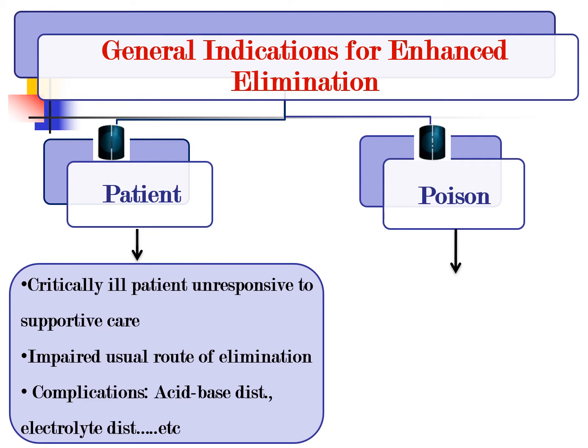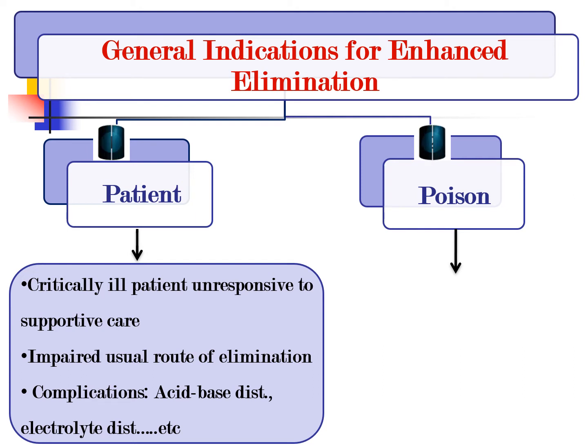For example, if a patient took a drug or a toxin that is eliminated through the kidney and this patient suffers from renal failure, this toxin will not be eliminated from the body unless I use one of the enhanced elimination methods. Also, I need enhanced elimination in a patient seriously ill and complicated with life-threatening complications such as acid-base disturbance or electrolyte disturbance, especially if these disturbances are resistant to treatment.